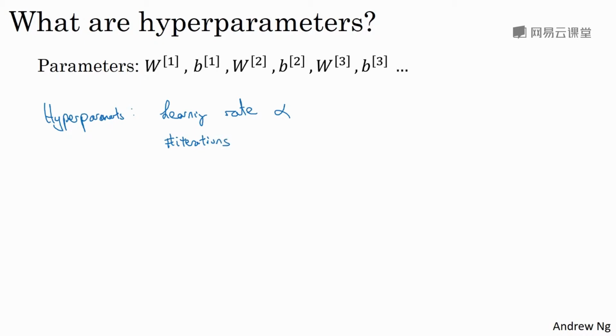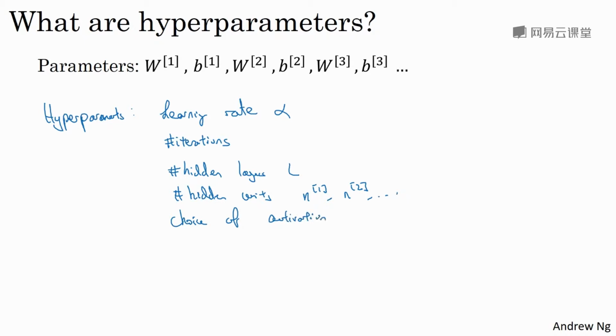Your learning algorithm has other numbers that you need to set, such as the number of hidden layers, so we call that capital L, or the number of hidden units, such as N1, N2, and so on. And then you also have the choice of activation function.